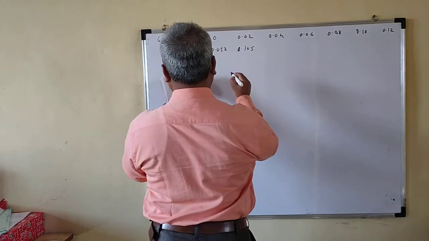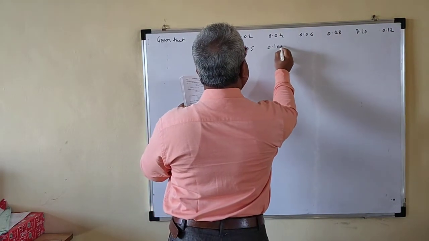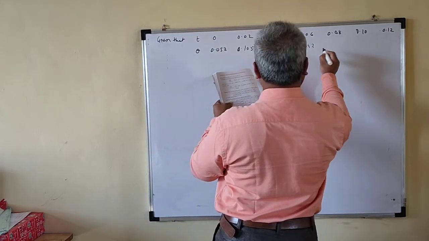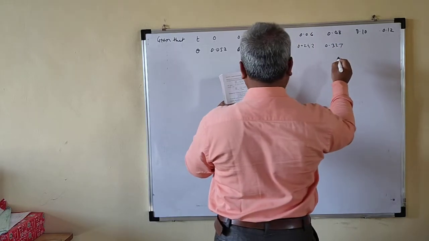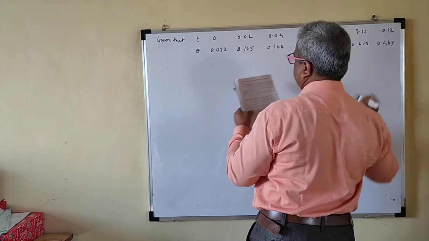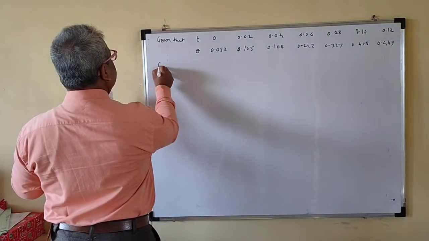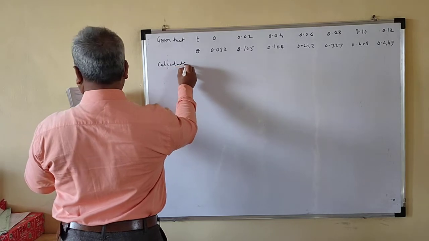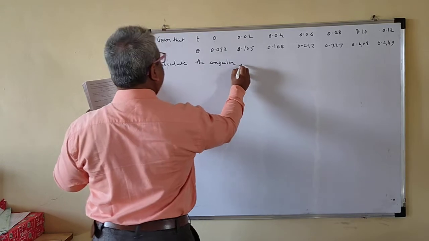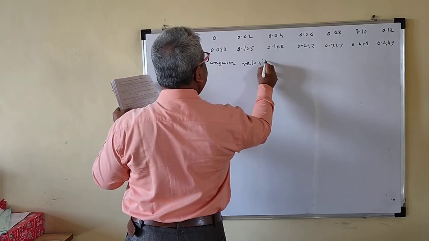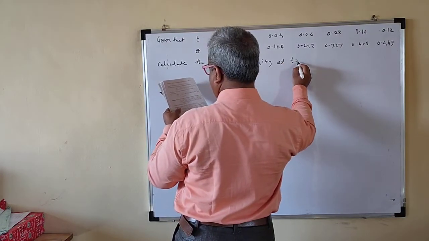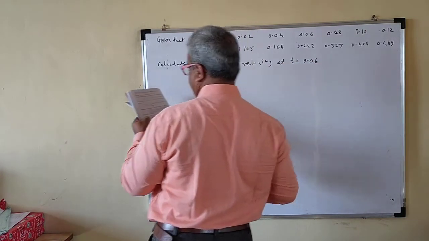Okay, so the values are given: 0.052, 0.105, 0.168, 0.242, 0.327, 0.408, and 0.489. Okay, calculate the angular velocity at t is equal to 0.06.